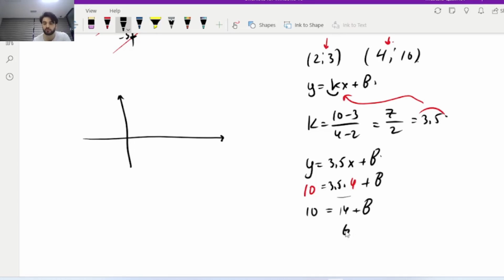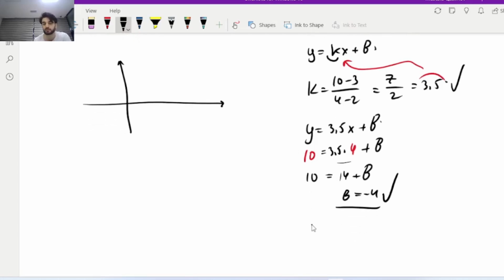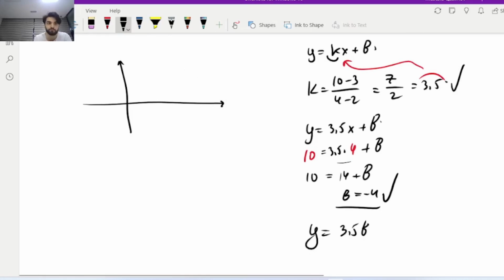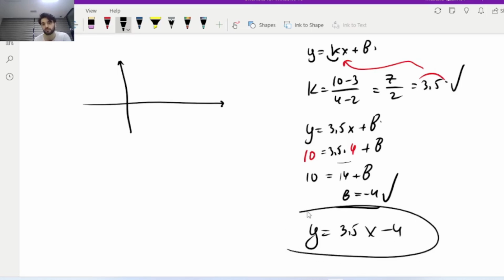So from here we will find b is equal to -4. After that, we have to write this value in the equation, in the function or general formula. So our answer is y is equal to 3.5x minus 4.